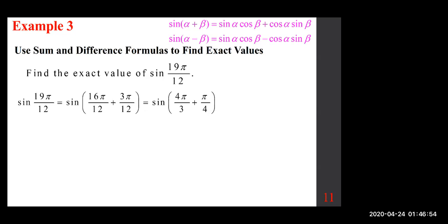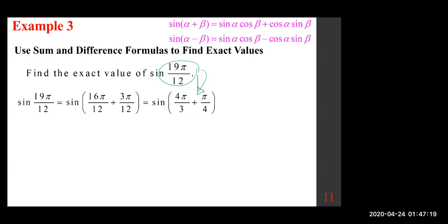It results in sine of 4 pi over 3 and pi over 4, both of which are common arcs. So establishing that this is the same as this. If it's not easy, go to degrees, everybody. Go to degrees, okay? It makes it easier.